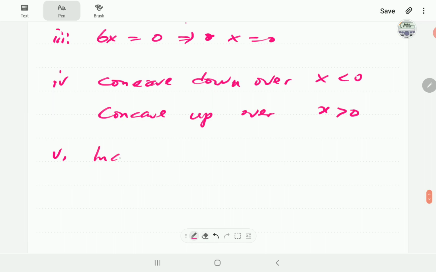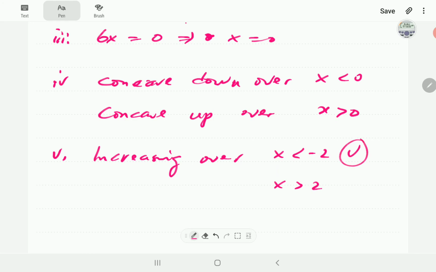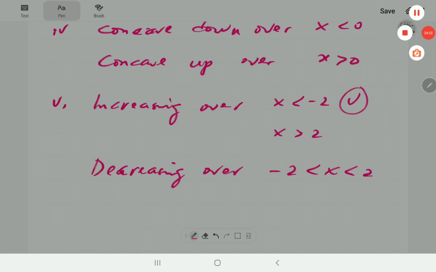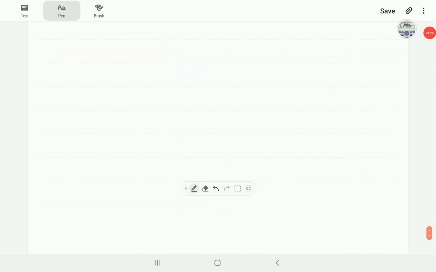So increasing over x is less than -2, or x is greater than 2. This is union here. And then the graph is decreasing between -2 and 2. And that finishes up the analysis of this.